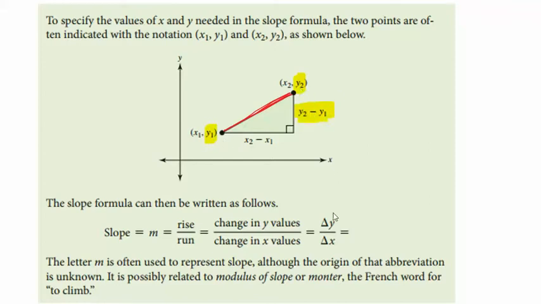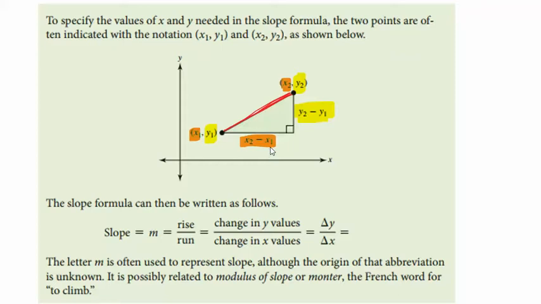The way we do that is by subtracting the y values. Then we're going to take this x value and this x value. Each x value tells you how far to the right something is. We're going to subtract those x values from each other to figure out the run.